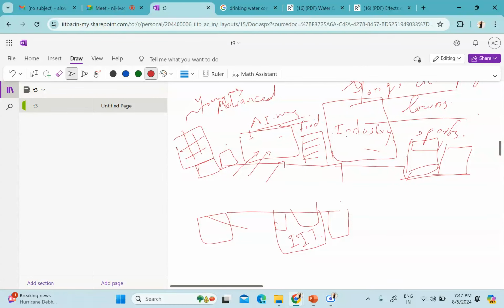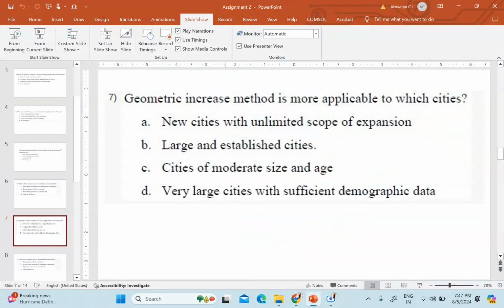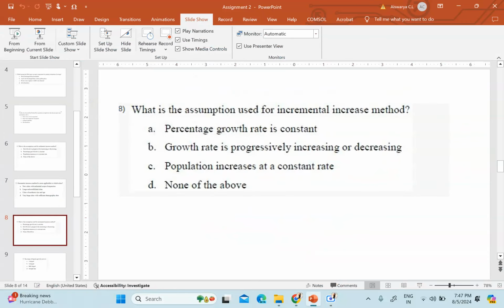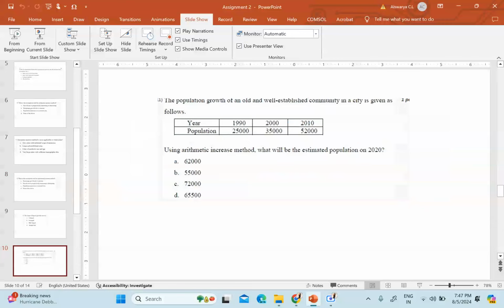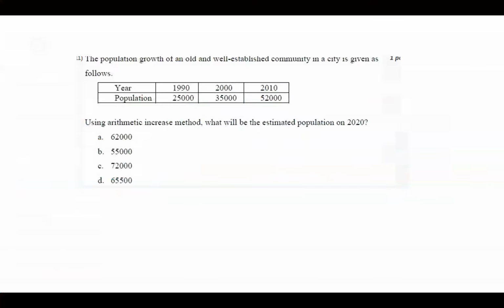Okay, got it. Then, this is one of the assignment questions. Just read this. They have given the year and the population.